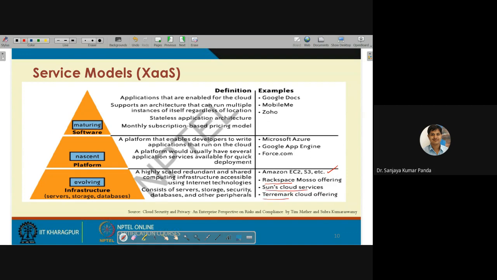Terremark is another cloud offering that also belongs to infrastructure as a service. So in the infrastructure case, what do we want? We want hardware, right? Servers, databases, storage, networks. You may have multiple servers in order to make it redundant, and make access to multiple redundant servers at the same time.